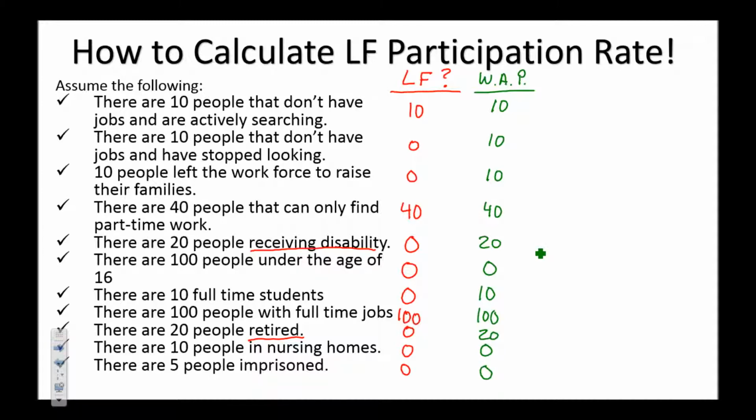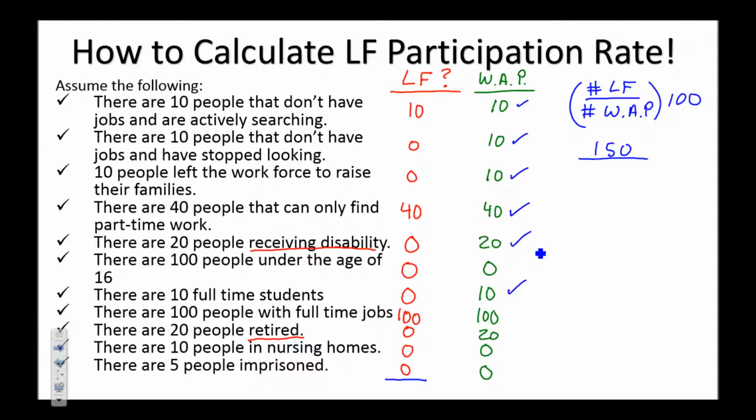All right, so for the labor force participation rate, we take the number in the labor force and we divide by the number of working age and then multiply that by 100. So, let's see, the labor force is still 150. That's what it was on the previous slide. The working age population is going to be 10, 20, 30, 70, 90, 100, 200, 220.